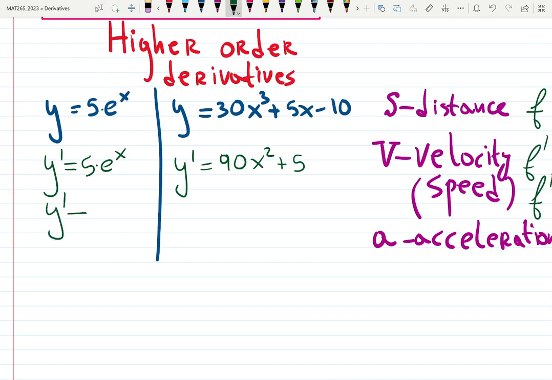y prime for the first function is 5e to the x. It's so boring. It's going to be 5e to the x, even if you take it lots of times. That's how fast e to the x is. It's e to the x fast. So it's itself fast. And then times 5. But when it comes to polynomials, they actually are shrinking. 180x.